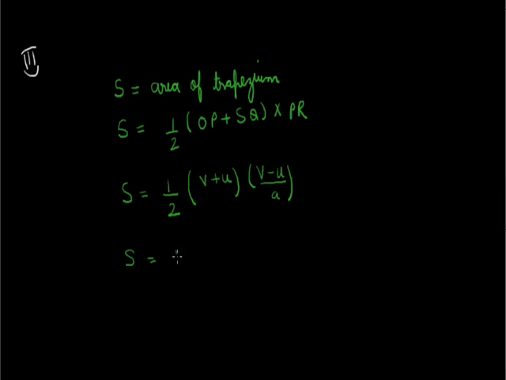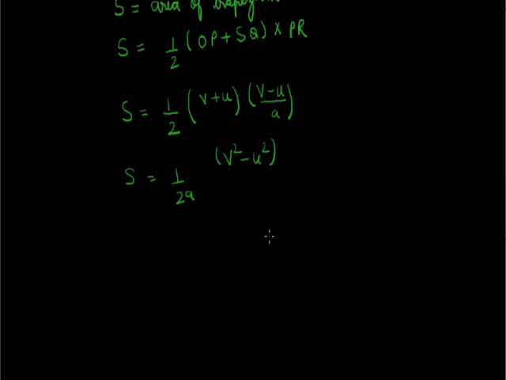On multiplying these, we get half v square minus u square divided by a.